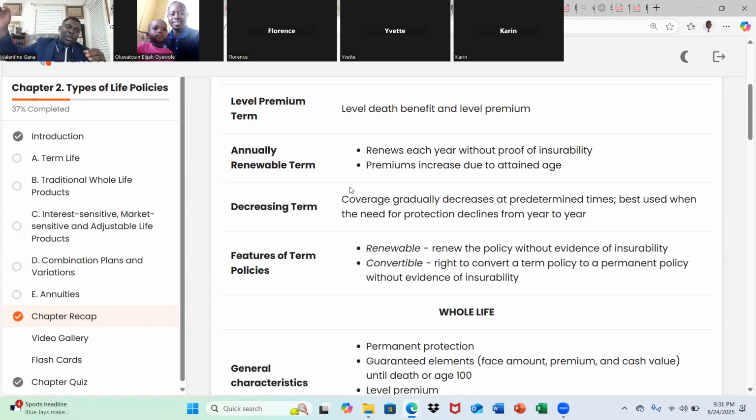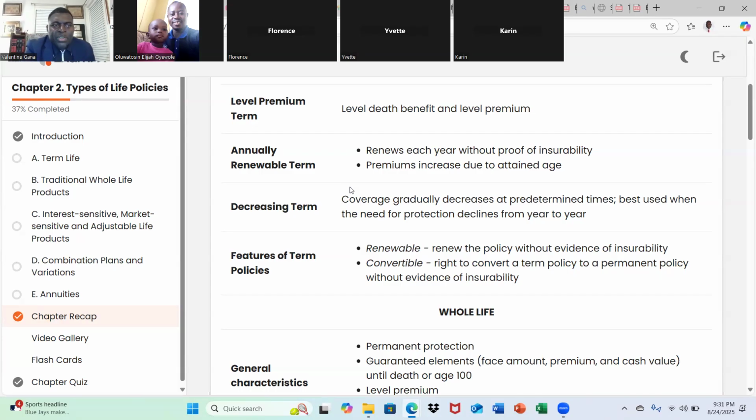Also remember that with a decreasing term, you can only take a policy on the insured to the extent of the loan. So if the loan is $1 million, you can take a policy for $1 million. If the loan is 500,000, you can only take a policy up to 500,000. The loan cannot be $1 million and you take a $1.5 million policy on the client. Remember that as you pay down the loan with the bank or with the lender, the face value or the death benefit of the policy also goes down.